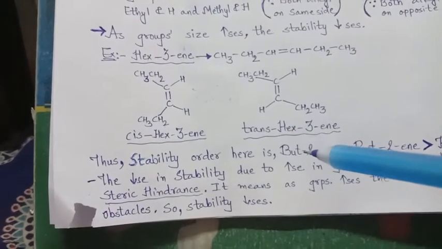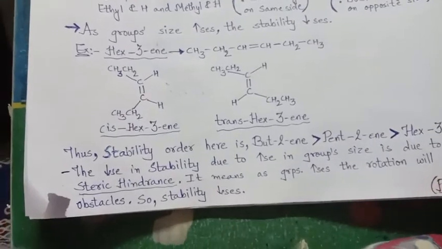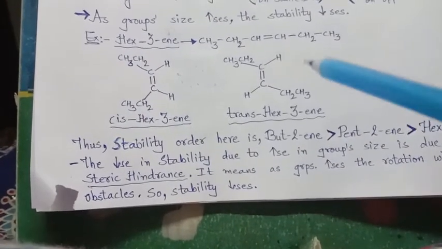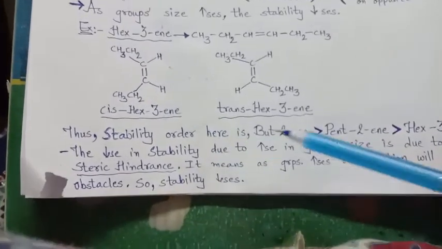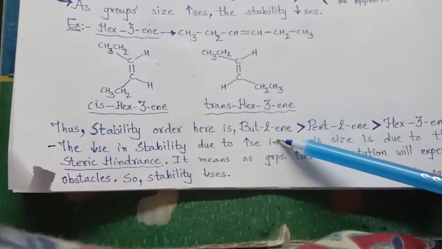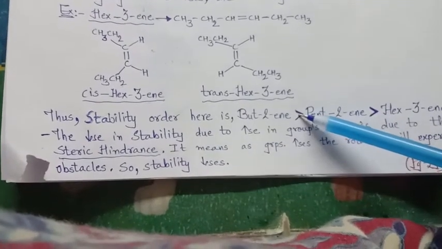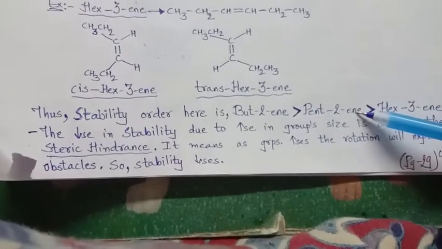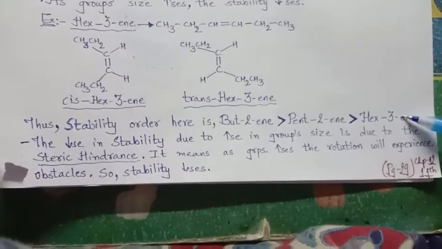This restriction is due to some obstacle, right? And that obstacle is responsible for the stability. So the order of stability: but-2-ene with the smallest attachment is more stable than pent-2-ene, and pent-2-ene is still more stable than hex-3-ene.